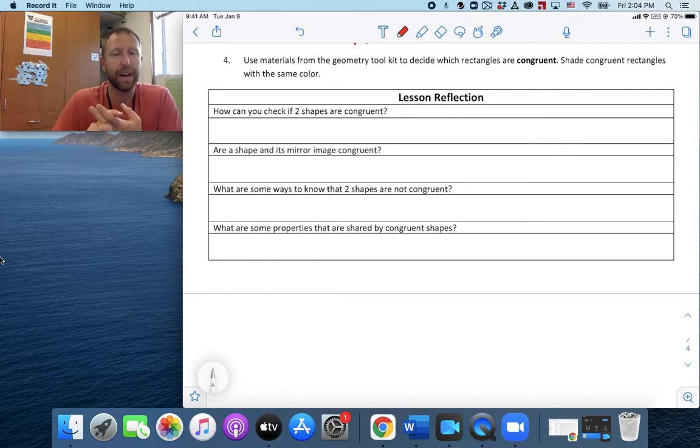But then you need to see if the angles are the same, the side lengths are the same, and it is rigid transformations that can take you from one to the other, right? So what I'm going to put here is, side lengths and angles have to be the same.